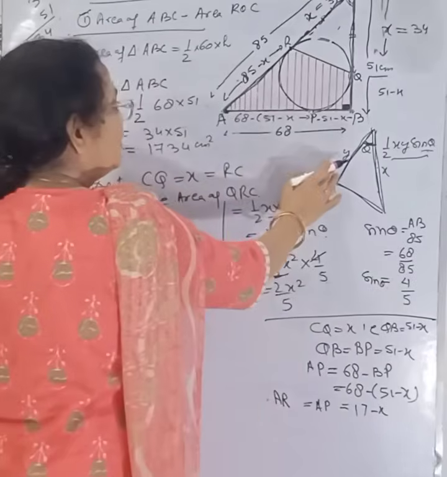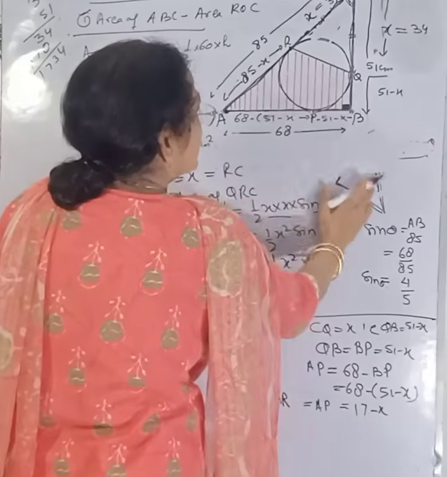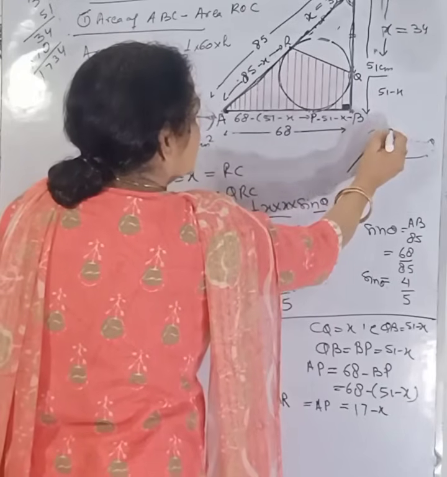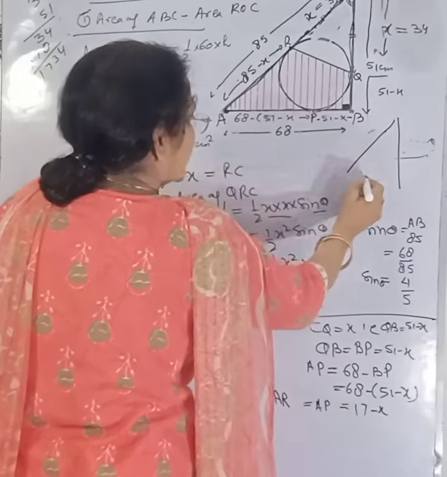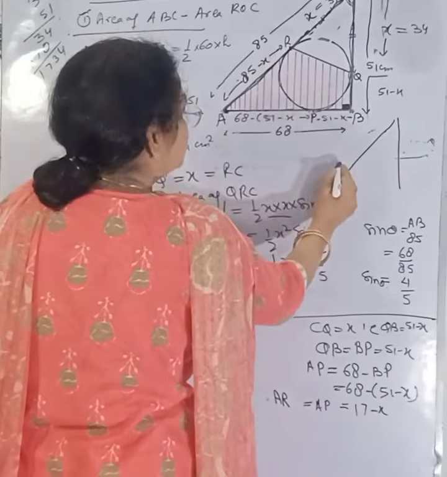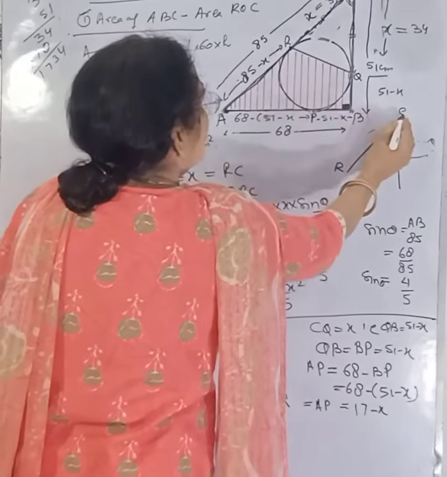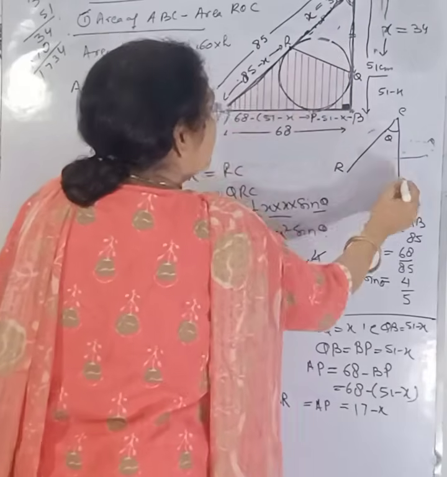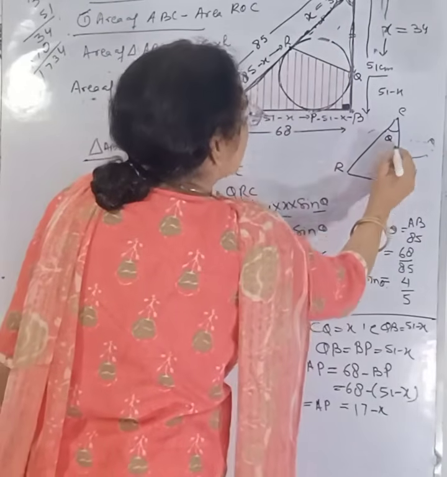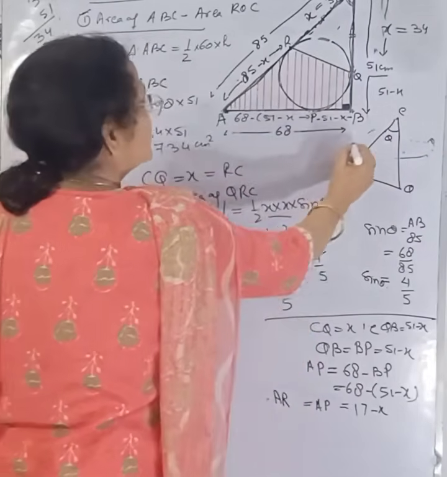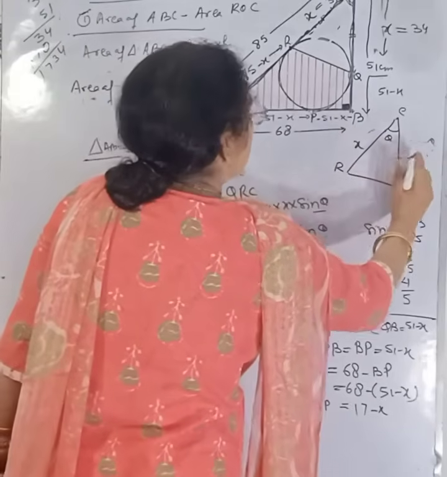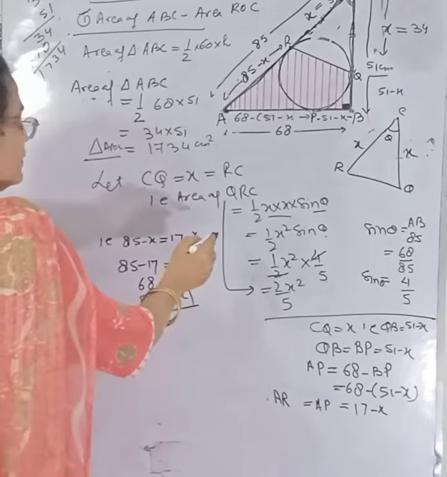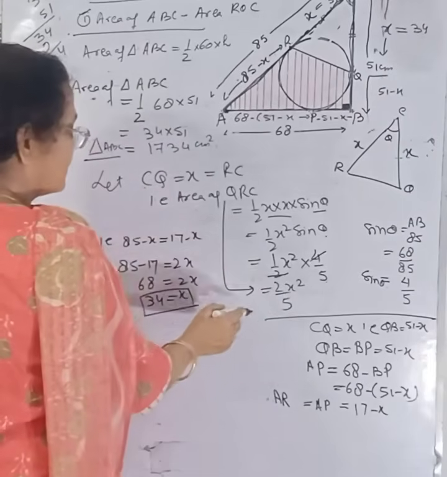Now in this triangle, we have to consider this triangle. This point is R, this point is C, and the angle between them is theta, and this is CQ. This is x, this is x. And sine theta is already obtained.